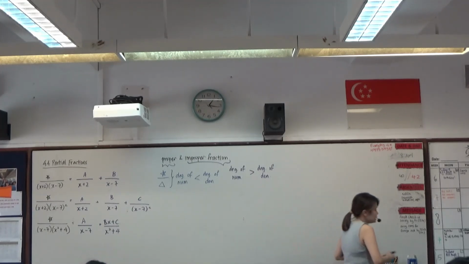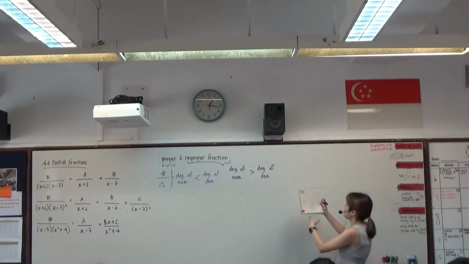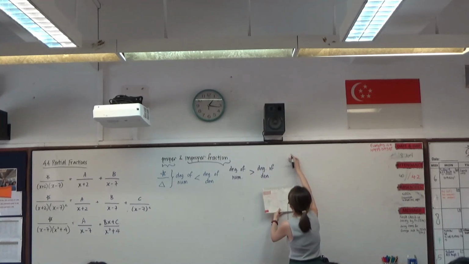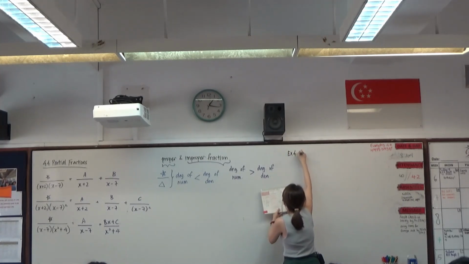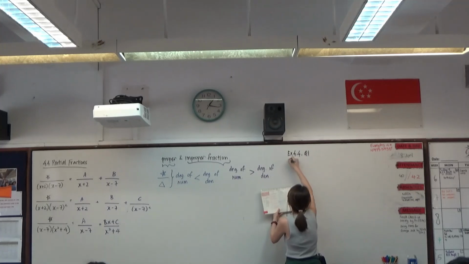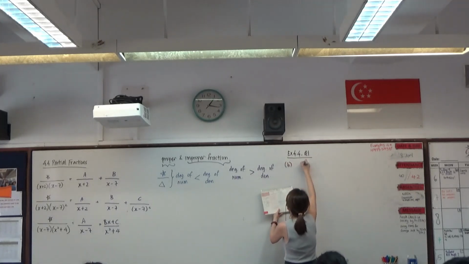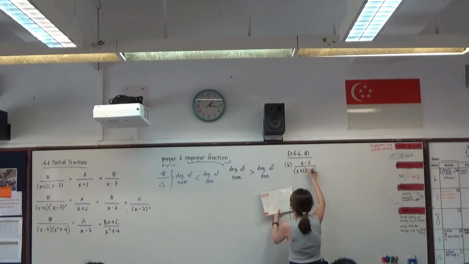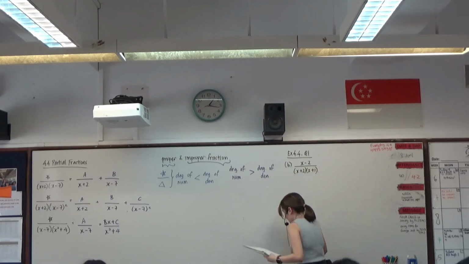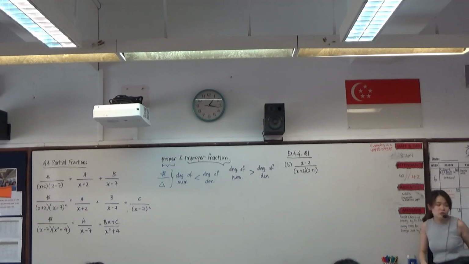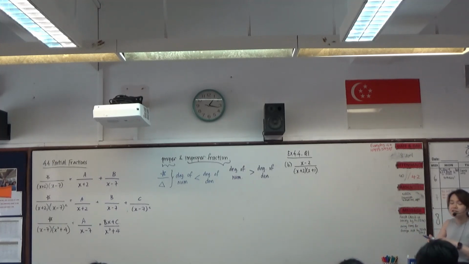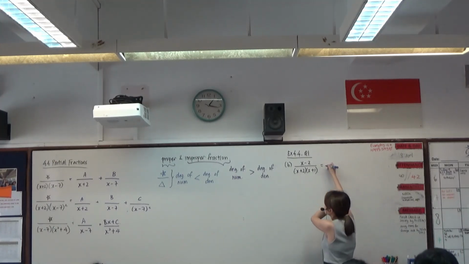Right? Now in the last lesson, I asked you to go back and try exercise 4.4 question 1b. So I hope that you went back home and tried it out. Okay, so our first step, what do we need to do?